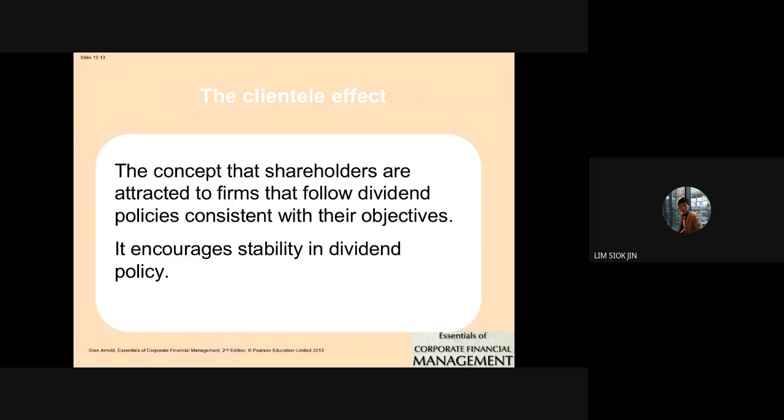So with that, AirAsia or this company will feel obligated. They feel bad if they don't give you, so they may decide to give you a dividend. Not only that, they will have to structure a stable and consistent dividend in order for you to get a proper dividend every year, which may not be good for the company.